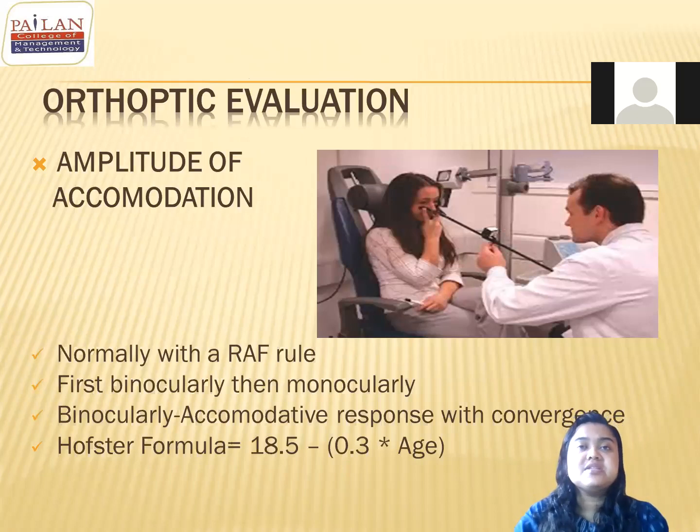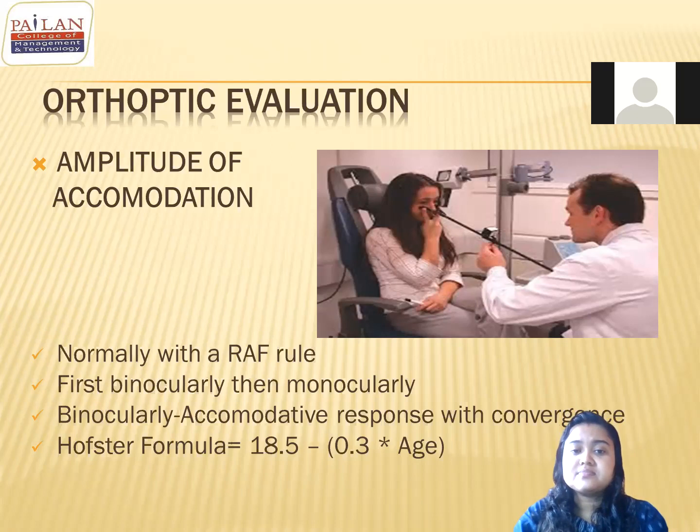So we tell the patient, there are letters, fix your gaze on these letters, read them aloud and tell me when they get blurred. When the letters first get blurred, you tell the patient to blink and see whether they become clear or not. If the patient can make it clear, you can move it further.